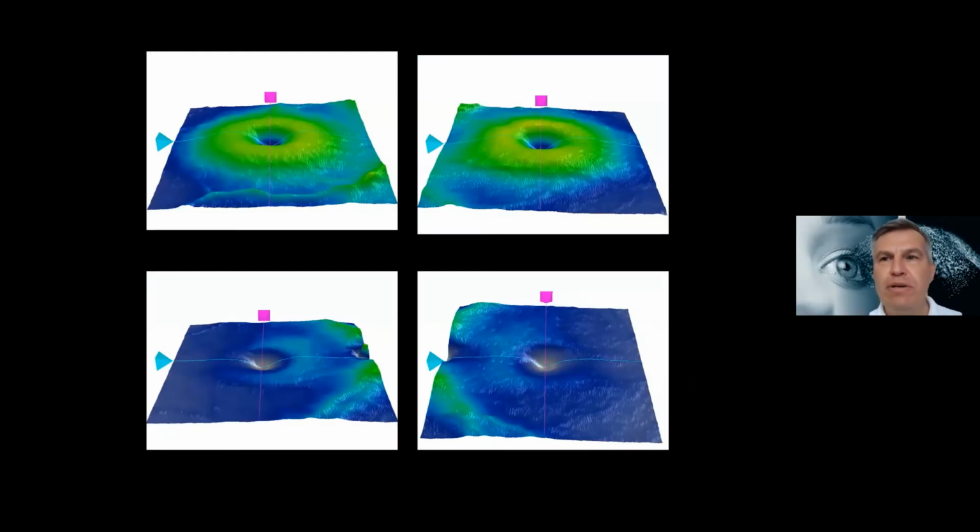The top representation is a 3D rendering of the thickness of the eye. A normal macula looks like a volcano in this 3D rendering. And you see in the lower picture, first of all, a widening of the foveolar depression, what I told you. I'm not happy because it's too wide. And you see also the green color has diminished. So we have a loss of the thickness of the retina.